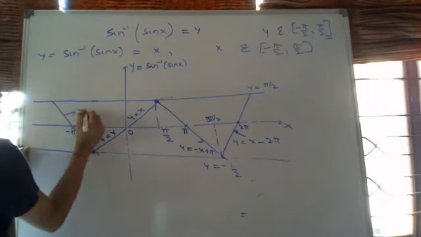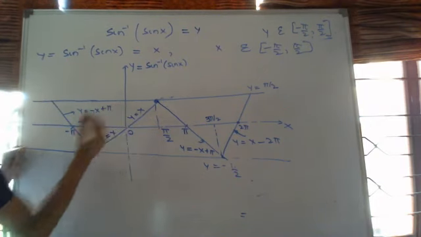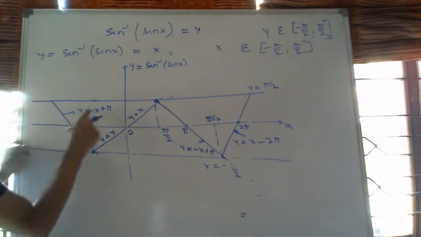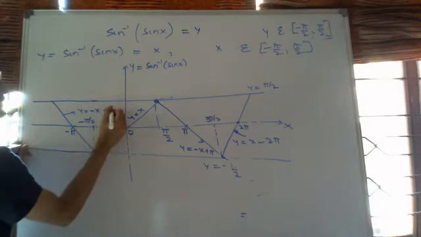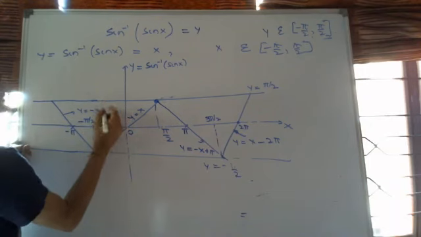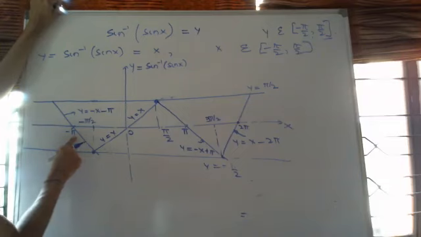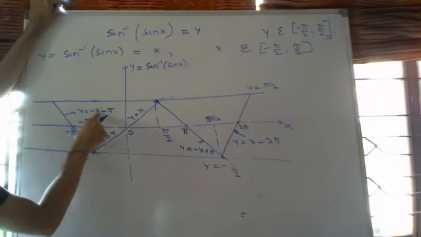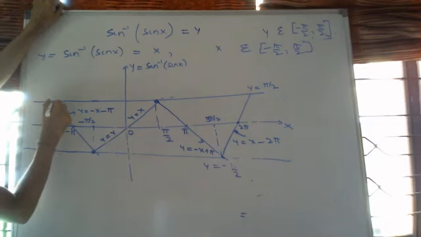This will be y equal to -x plus pi, because if x is minus pi then y becomes 0, pi minus pi is 0. Okay.